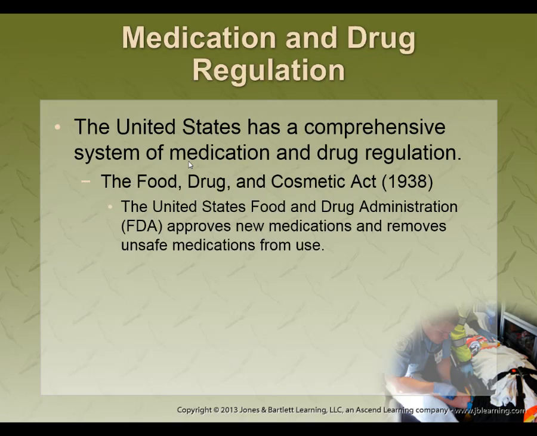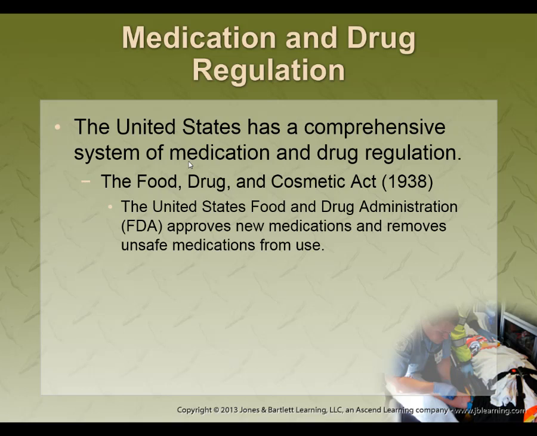So the United States has a comprehensive system, like I talked about, the FDA. The Food, Drug, and Cosmetic Act was enacted in 1938, and it was what we now call the Food and Drug Administration. It morphed into that over the years, and that's how all medications are either put on or taken off of the market. A medication that I can think of in the last 20 years that's been taken off of the market would be Vioxx.